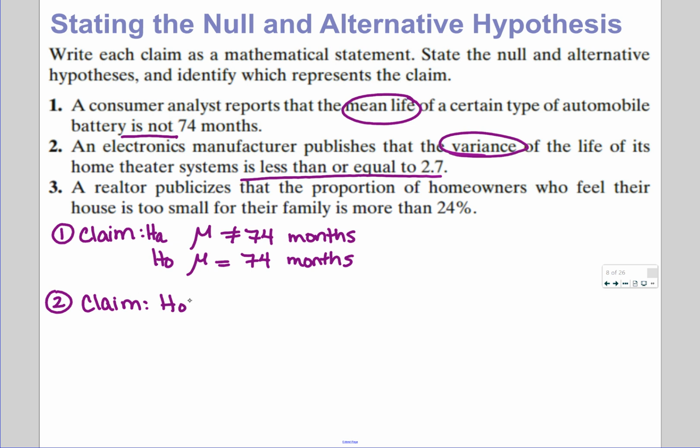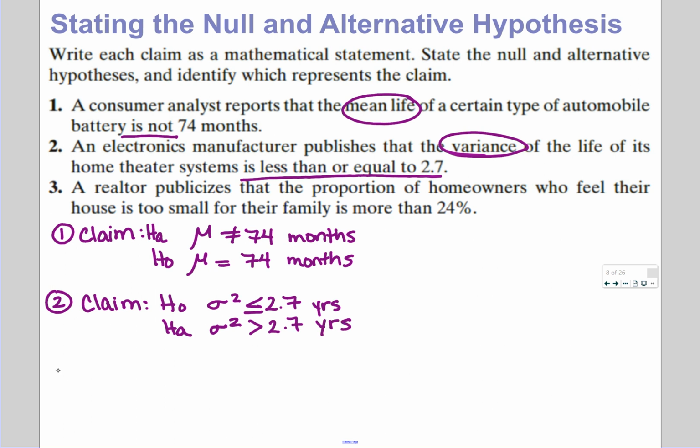And it's for variance, which the symbol for that is sigma squared, less than or equal to 2.7. It didn't say what. I'm going to say years, because it's the lifespan of home theater systems. Okay, so then what's the alternative? That the variance is greater than 2.7 years.